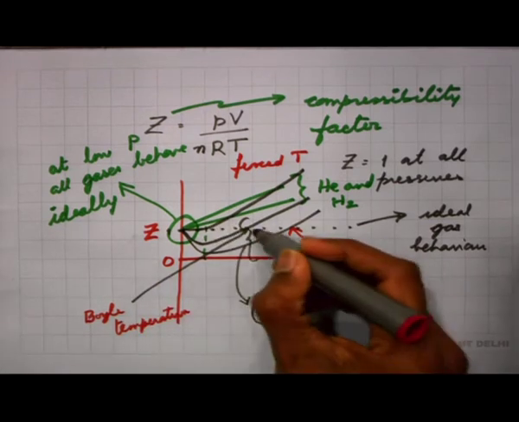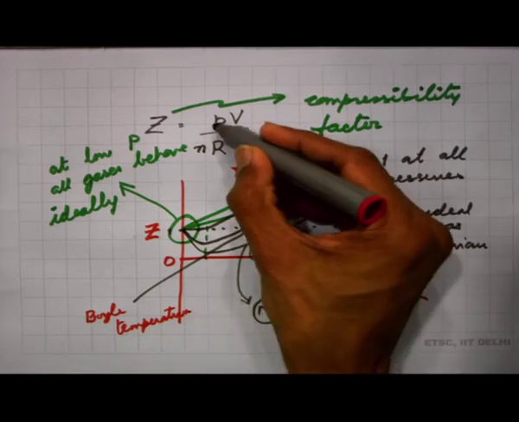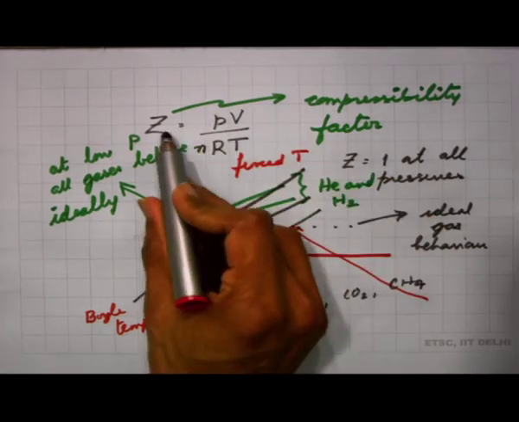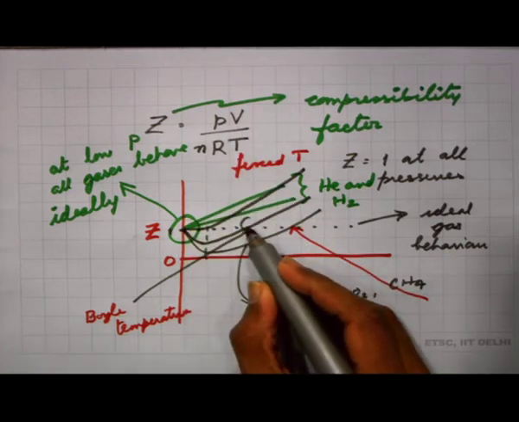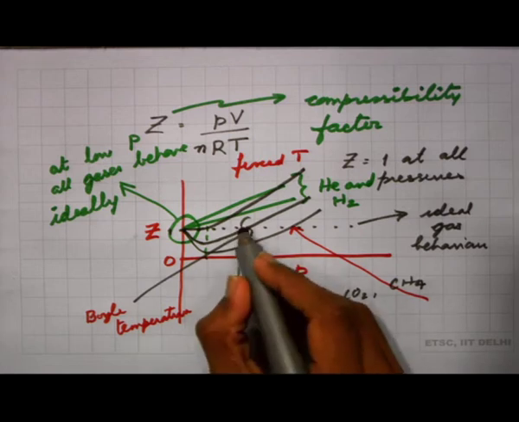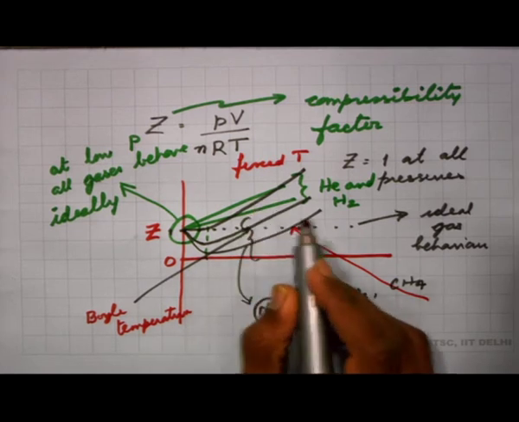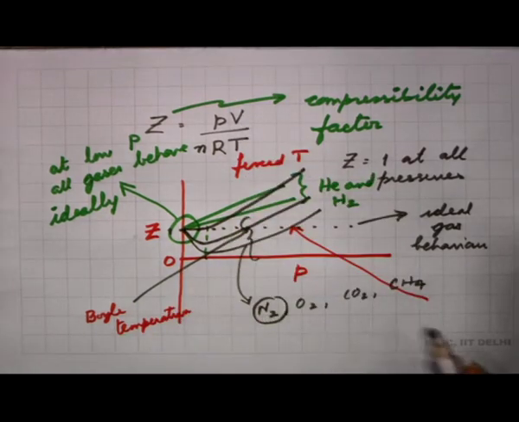So, at that point where Z becomes equal to 1, if you plug it back into this expression, we say that it behaves ideally. So, it is called the Boyle temperature, because then P will be proportional to 1 over V through the ideal gas equation of state. So, this is why it is called the Boyle temperature.